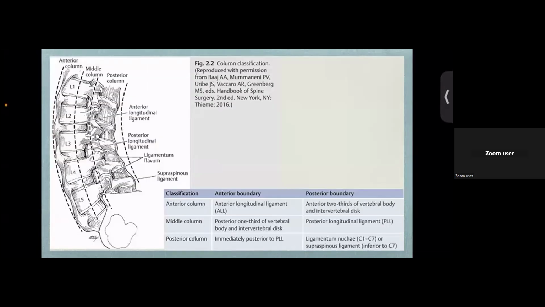So this diagram here, I just put in because this shows, I believe, the Denis classification, where it divides the vertebral column into three columns, essentially the anterior, middle, and posterior. And if two or more are injured, essentially that equates to spinal instability.